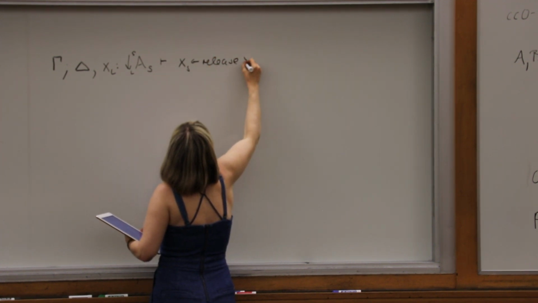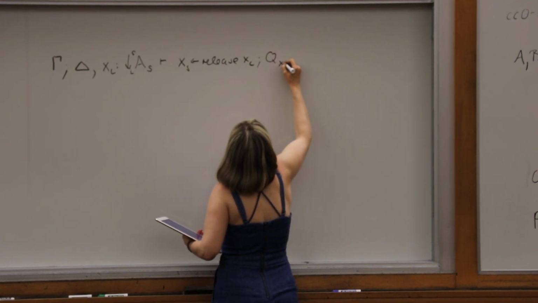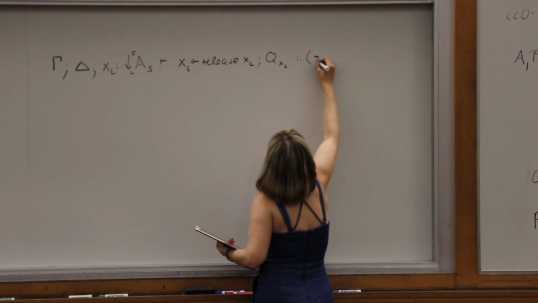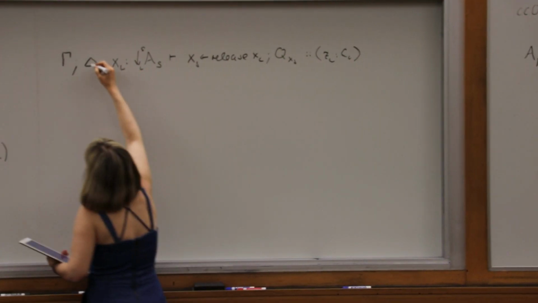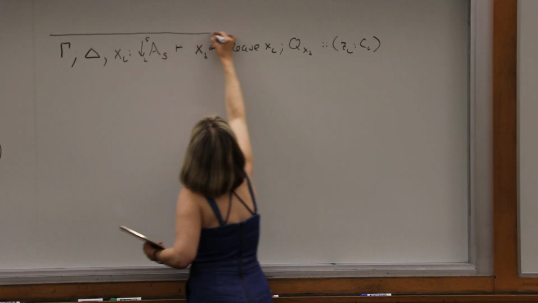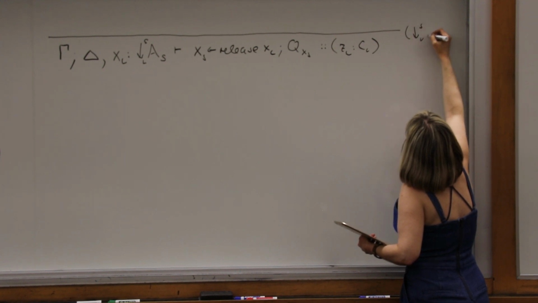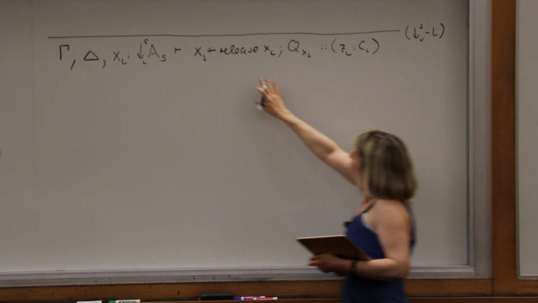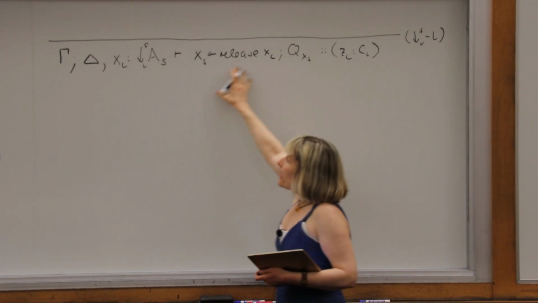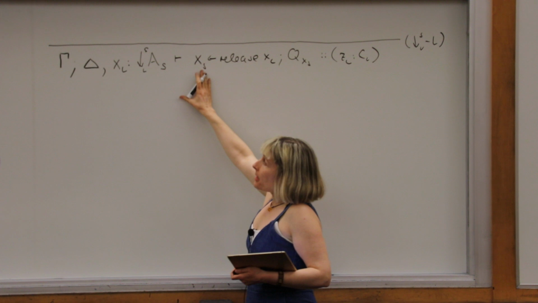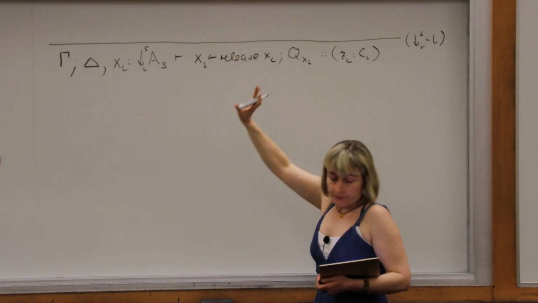We continue as a... All right, so that's our typing rule for down arrow left. So we release the linear channel X sub L, and then as a result, we get back a shared channel.